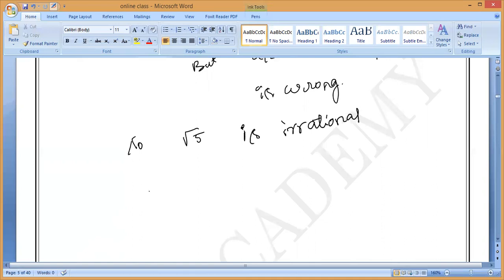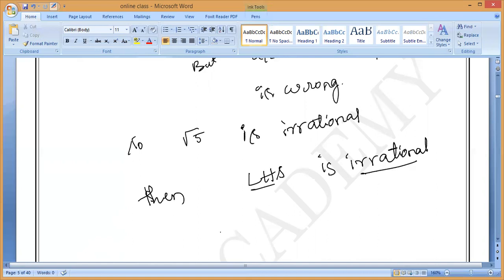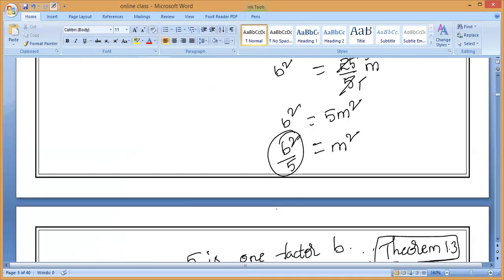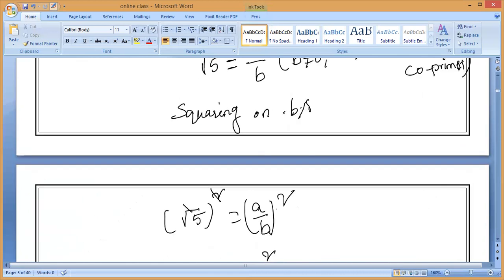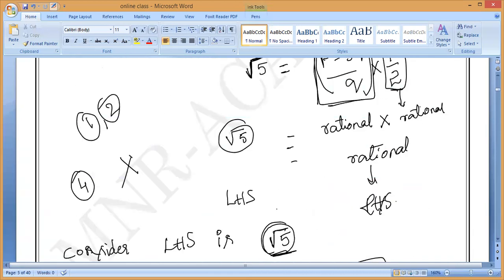So our LHS is irrational. Do you understand? This is for 4 marks. LHS is irrational. But our RHS, what is our RHS? RHS, rational or irrational?